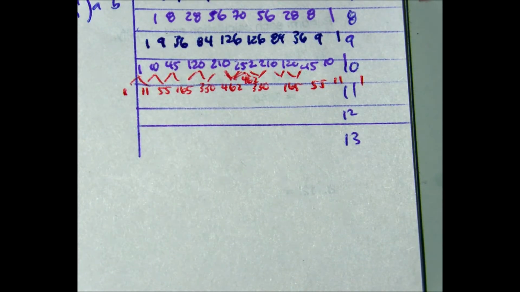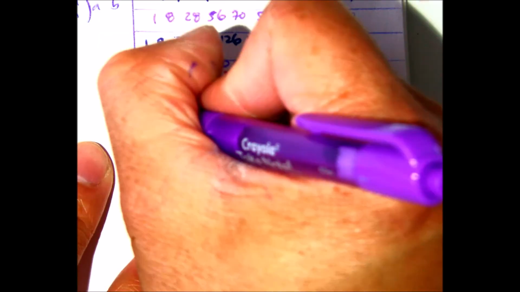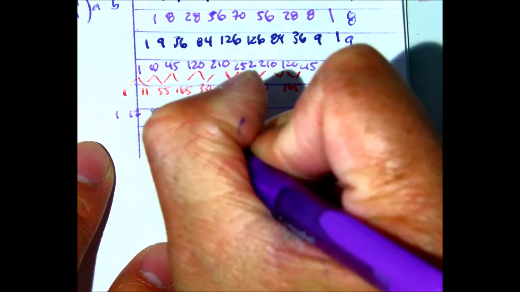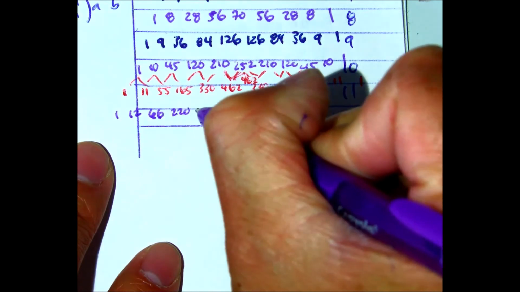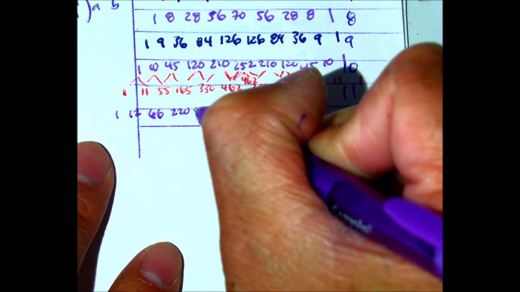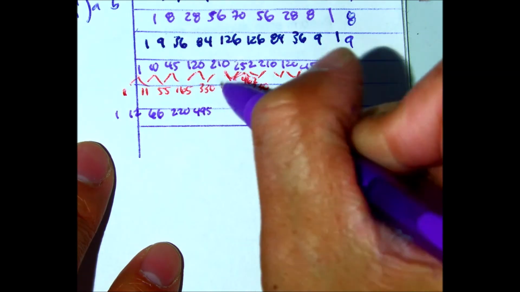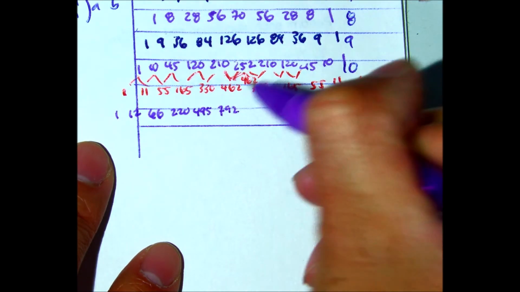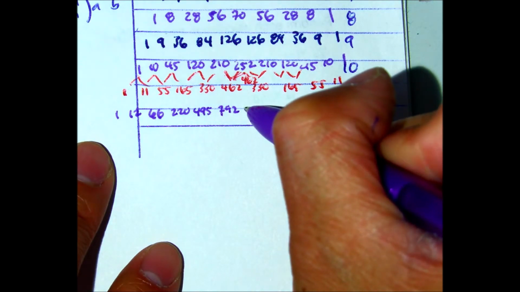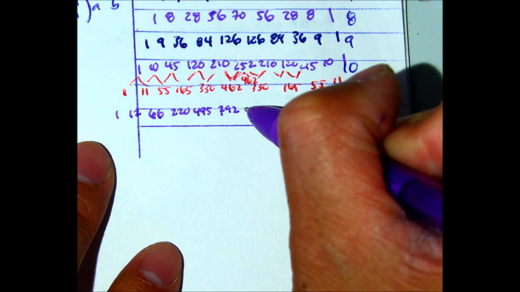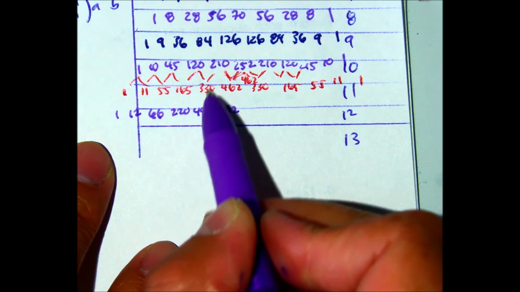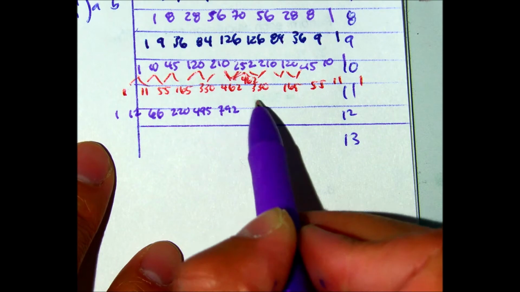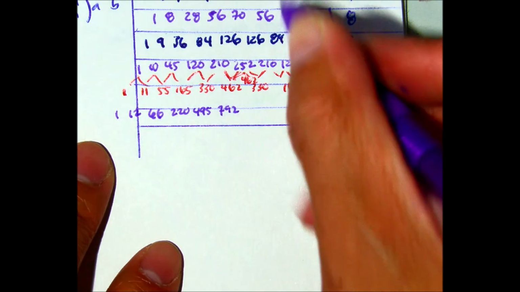Kiana. 1, 12, 66, 220, 495, 792, 924. Wait, 4, 7, and then 462 up there.